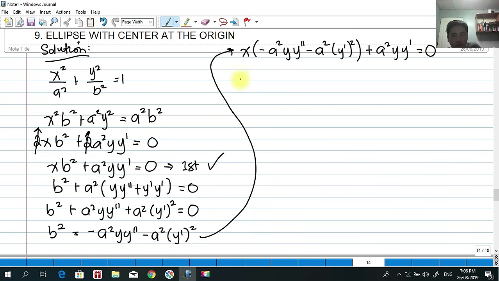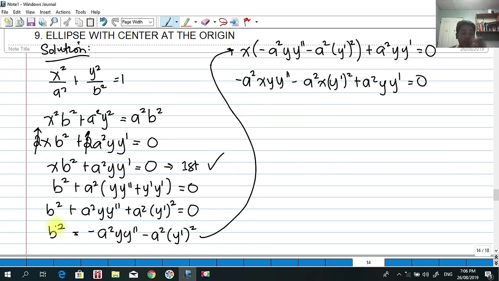Okay? So let's distribute: negative a squared x y y double prime minus a squared x y prime squared plus a squared y y prime is equal to 0. As you can see, the arbitrary constant b is now cancelled. So we are only left with a.